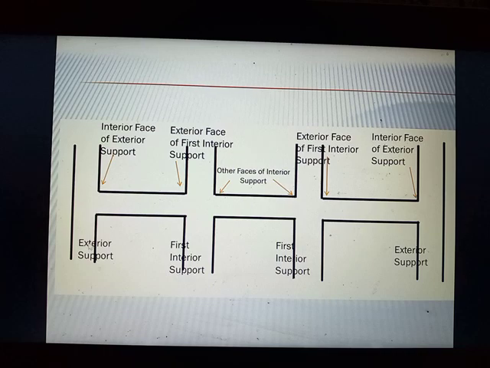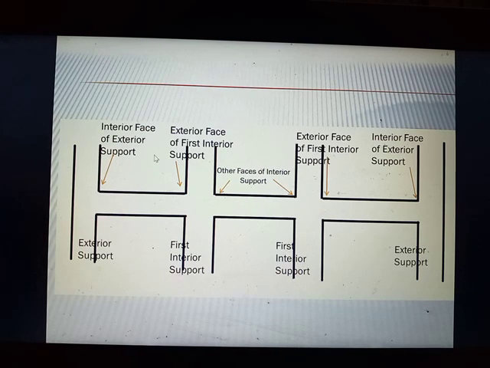If this is our exterior support on the farthest end, the first support adjacent to that exterior support is the first interior support. Relative to this exterior support, this is your first interior support.